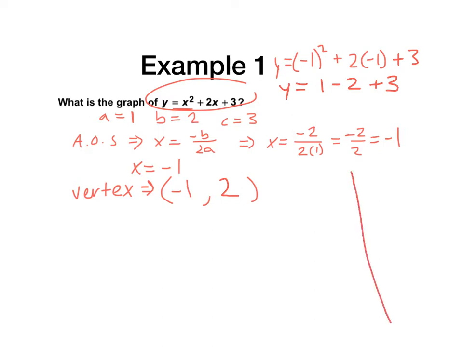So now we can graph that. We're going to go to the left 1 and up 2, and our vertex is going to be right there, and our axis of symmetry is going to be a line right through it.